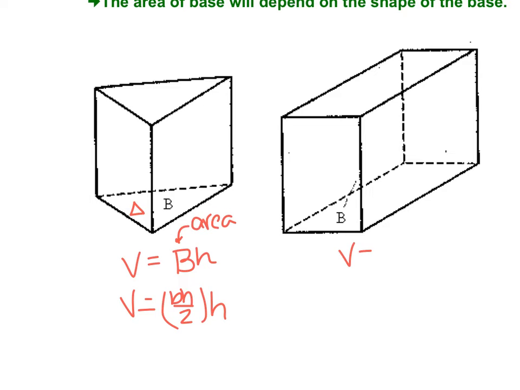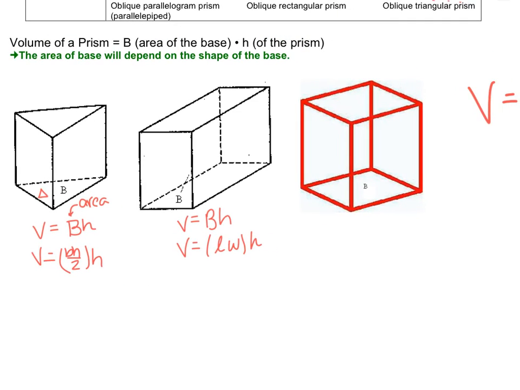So volume equals BH. And we know that the area of a rectangle is length times width. So my volume of a rectangular prism is going to be length times width times height. And then last but not least, I have a square. So we're still going to be doing volume equals BH. We learned in 11-1 or 11-2 that the area of a square is side squared. So it's just going to be side squared times H.